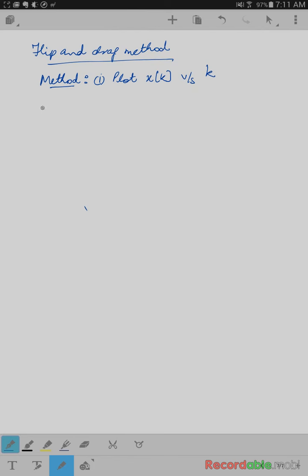And then, starting with n large and negative, you plot h of n minus k versus k.